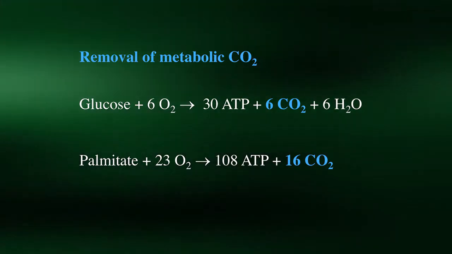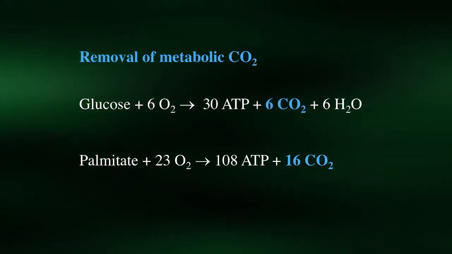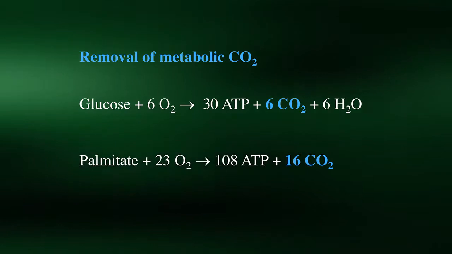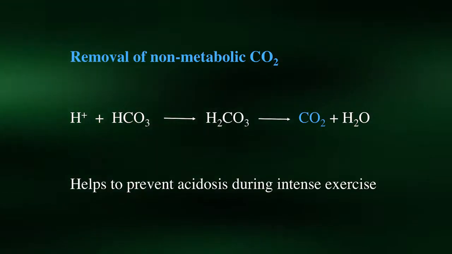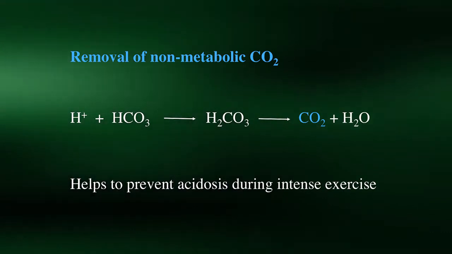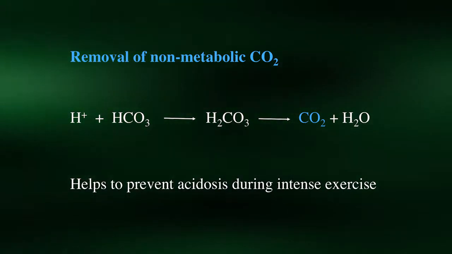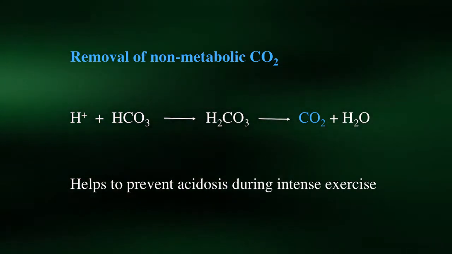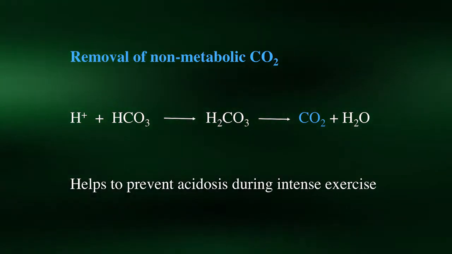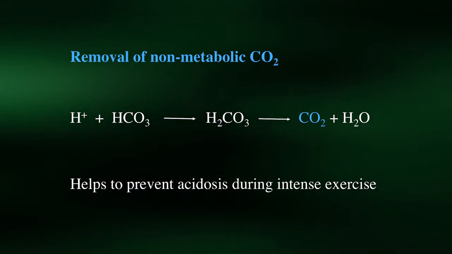The carbon dioxide produced in this way in muscle then diffuses into the blood and is transported to the lungs for removal. As the name implies, non-metabolic carbon dioxide does not come from the metabolic breakdown of our macronutrients, but instead comes from the buffering of acids produced during high-intensity exercise.